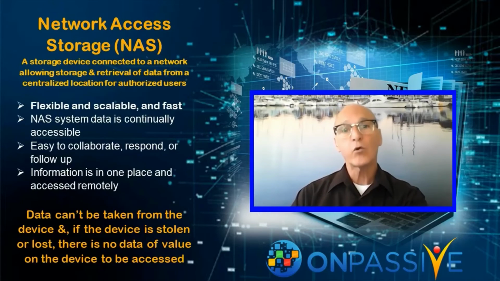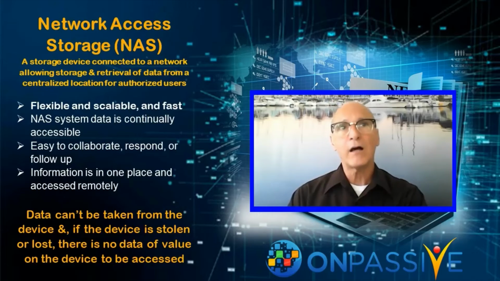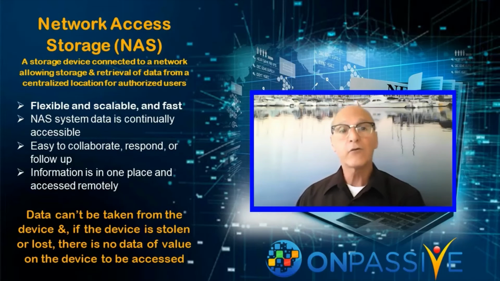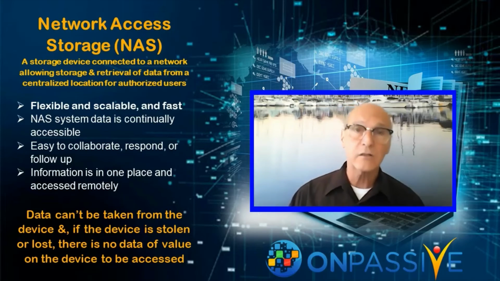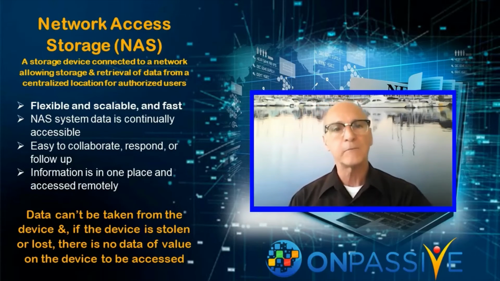Network access storage, we've talked about that. Ash mentioned it, and he talked about the employees and that sort of thing. So let's take a look at what we call the NAS. Now, a NAS system is a storage device that's connected to a network that allows storage and retrieval of data from a centralized location for authorized users of that information.